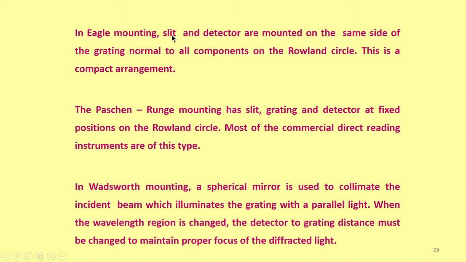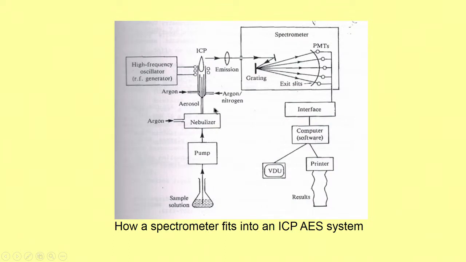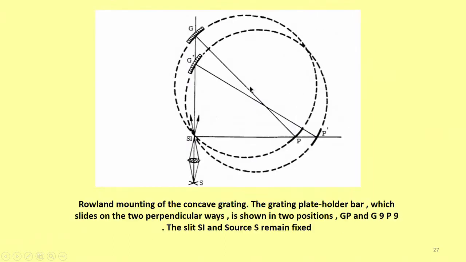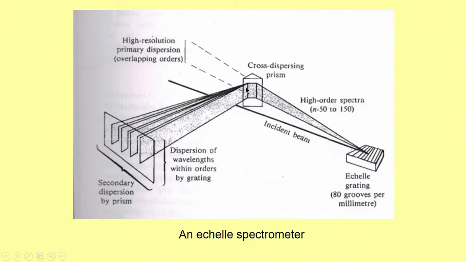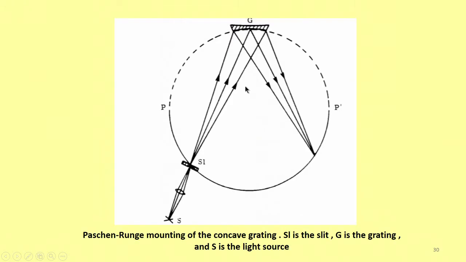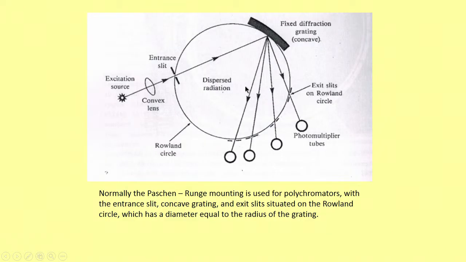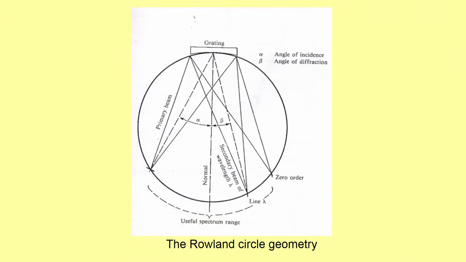In Eagle mounting the slit and detector are mounted on the same side of the grating normal. I had shown you this figure. Where is that figure? Echelle grating, Paschen-Runge, this is not this.